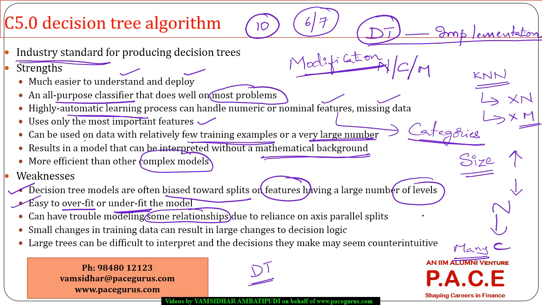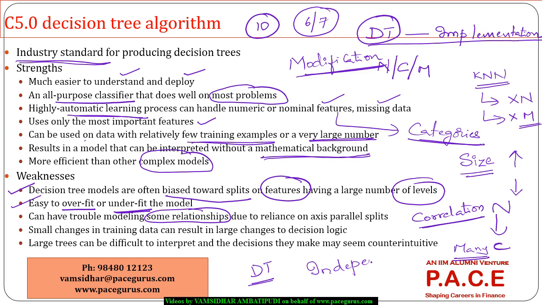If there is a lot of correlation between the variables, if there is a lot of interdependency between the variables, the splitting is quite comfortable if the variables are very independent.